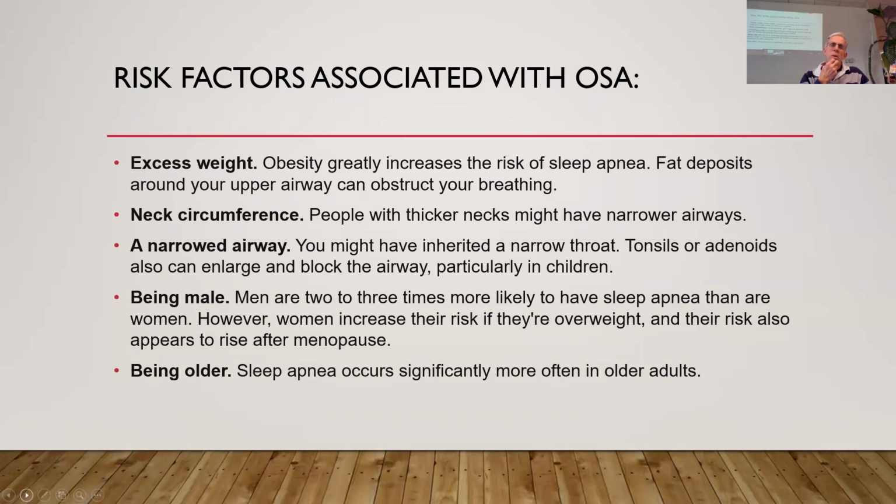Of course, with both of those things, weight and neck circumference, I want to say the muscles, the tension in the muscles, I should say, everything relaxes and falls over your airway, narrowing your airway, which is your throat, basically. So somebody with swollen tonsils or adenoids might also have a problem with a blocked airway.